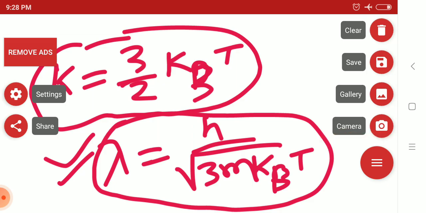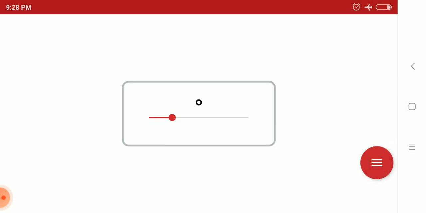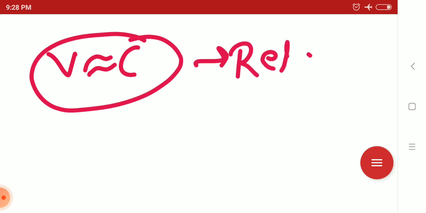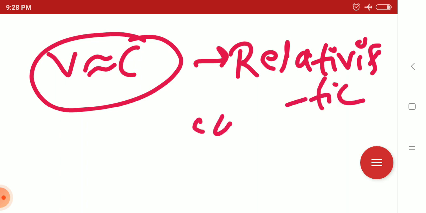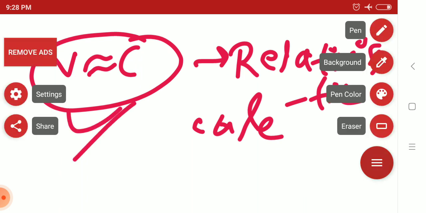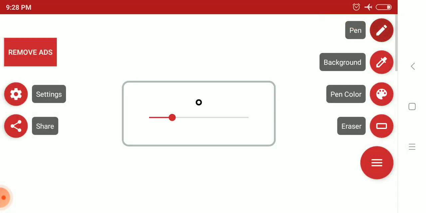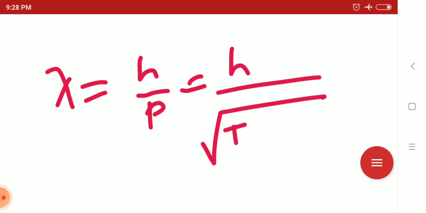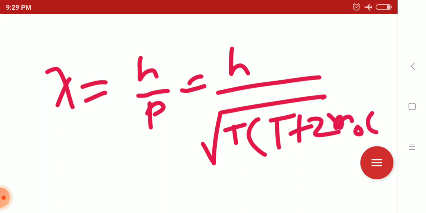Now these are for the relativistic case. If V is nearly equal to c, then the relativistic case comes. If the velocity of the particle is nearly equal to c, then the de Broglie wavelength is lambda equals h by p, that is, h by root over T into (T plus 2m0 c square).